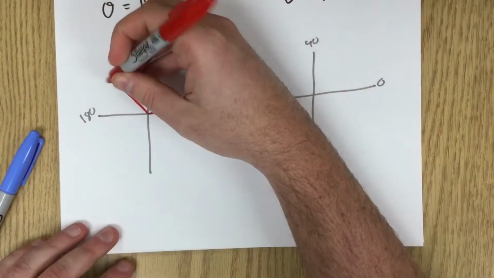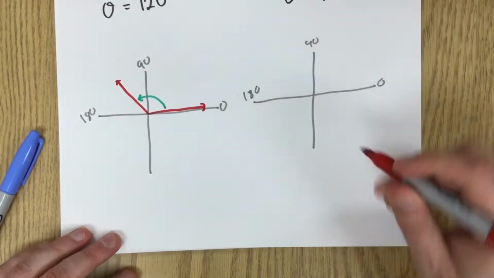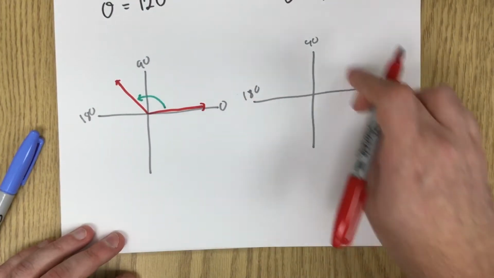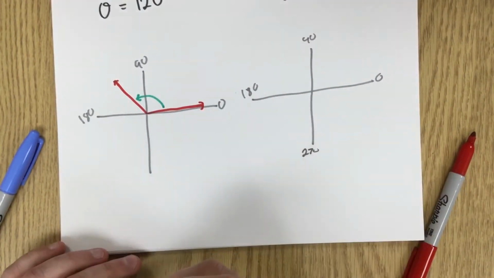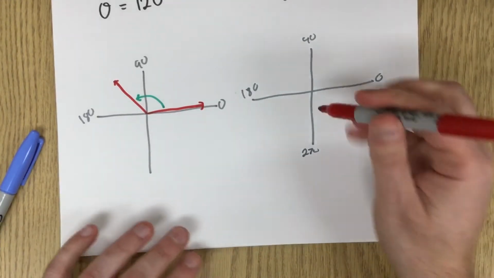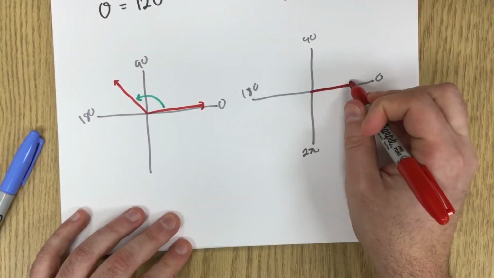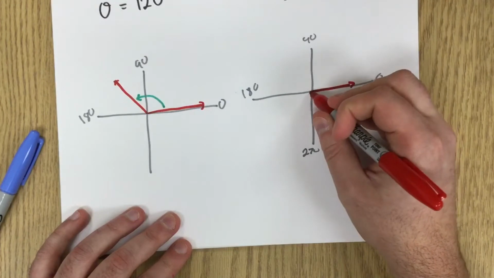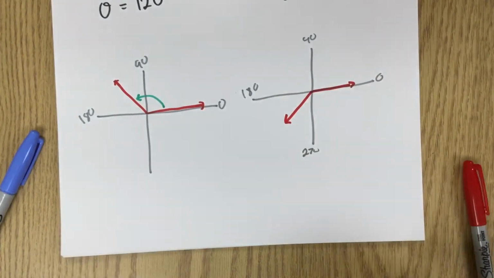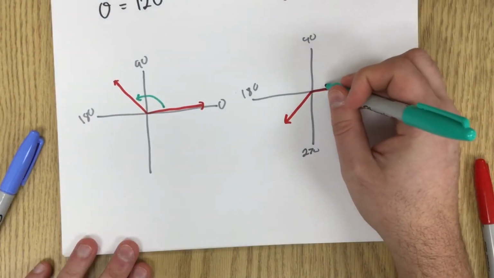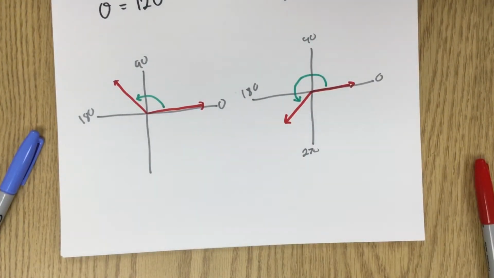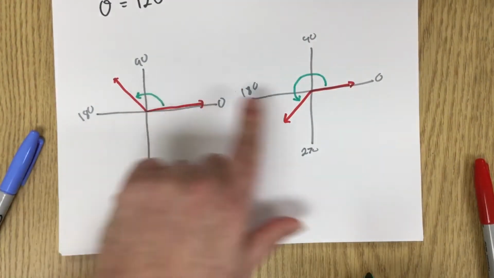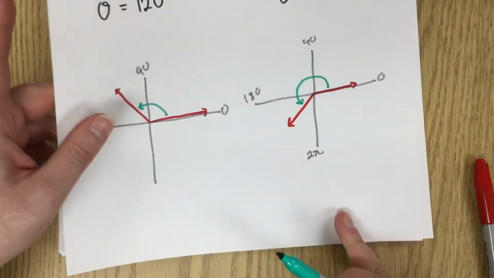For 215, notice it goes up by 90 every time, so if that's 180, then this is 270. We start over there, and 215 is going to end up over here, like that. So that's how we draw a 120 degree angle, and that's how we draw a 215 degree angle.